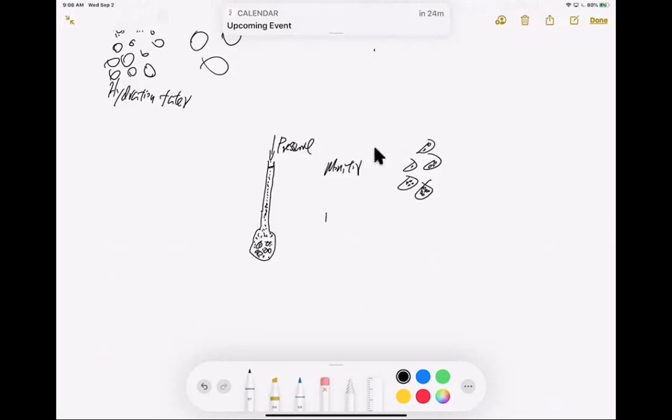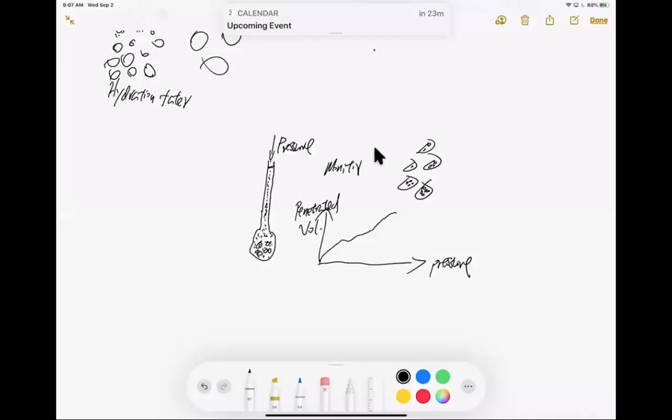Okay, and we can get a curve something like this. Okay, this is pressure, and this is penetrated volume of mercury. Okay, so we increase the pressure, we have more and more mercury penetrated into the sample.